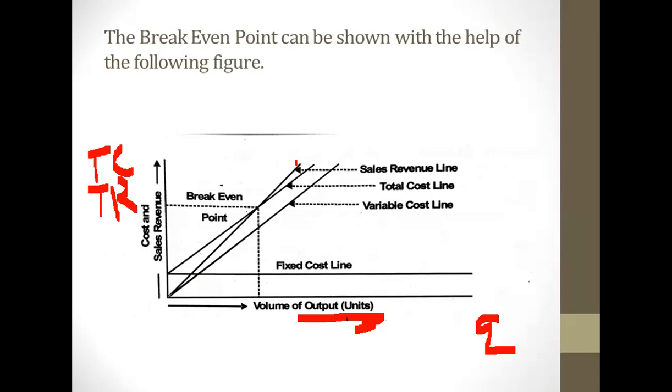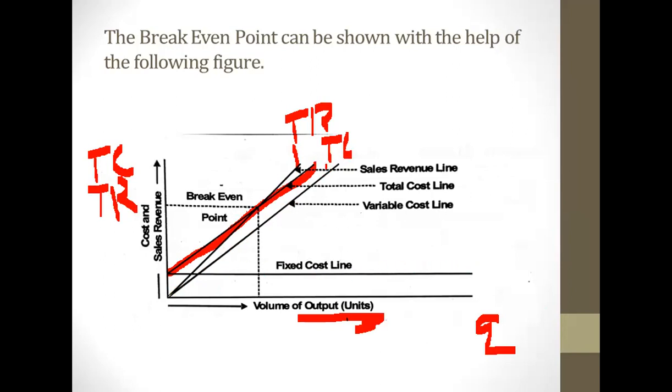Look at this curve. This is our total revenue curve, and this is our total cost curve. This is variable cost, and this is fixed cost, which remains fixed.